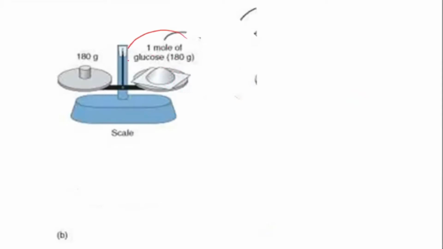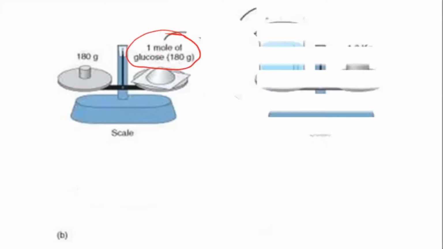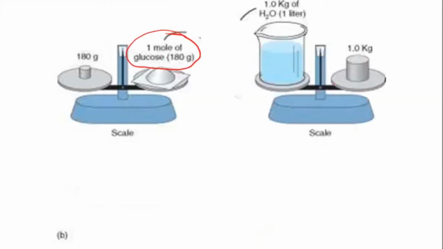Using a weighing balance, they have measured 1 mole of glucose, and on the other side, you can see 1 kg of water is weighed. So if you are preparing the solution this way, you take 1 mole of the solute and then 1 kg of the solvent. The solvent is taken separately.